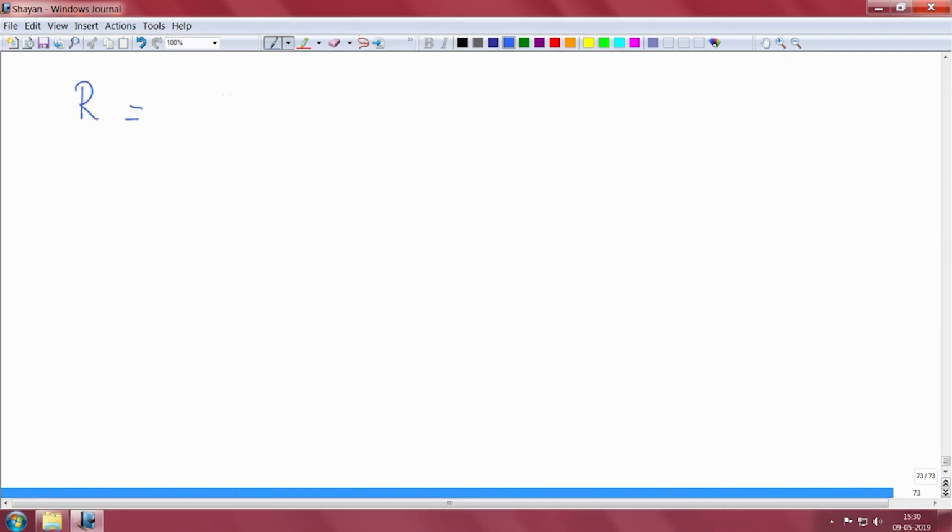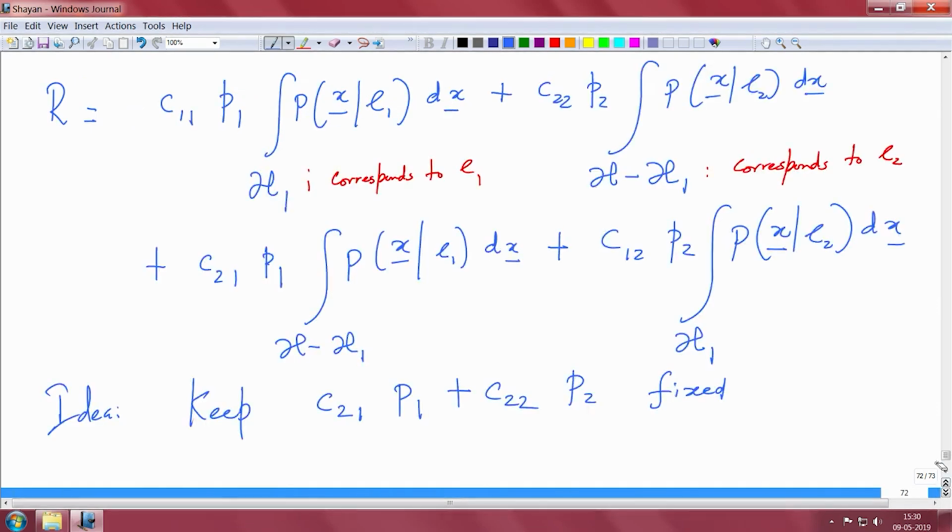So, the risk R is C21 P1 plus C22 P2. We fix this. So, now if you observe this integral, we have C21 P1, and this is the integral over the space H2. So, the pi that you have with H1 and what you have with H2, when the total integral is going to be 1. So, to get that pi in H2, it is 1 minus the pi in H1.